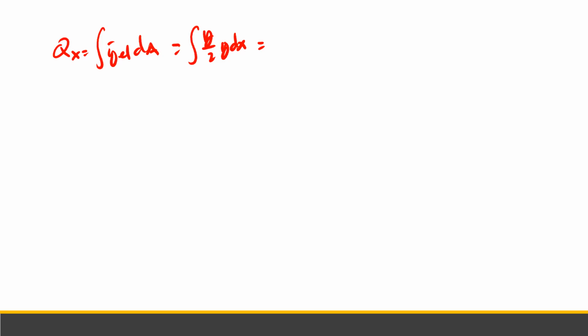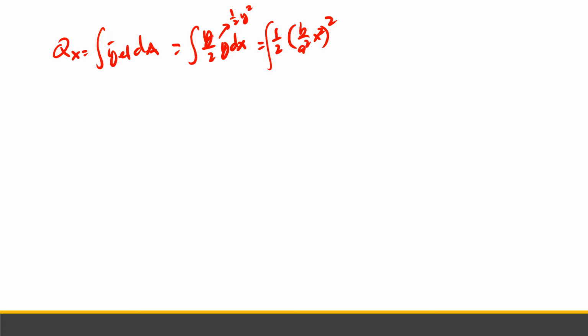Okay, so substitute natin yung ano. So since y over 2 times y, magiging y squared. So 1/2 y squared, which is, yung y natin is b over a squared x squared. So magiging 1/2 y squared.